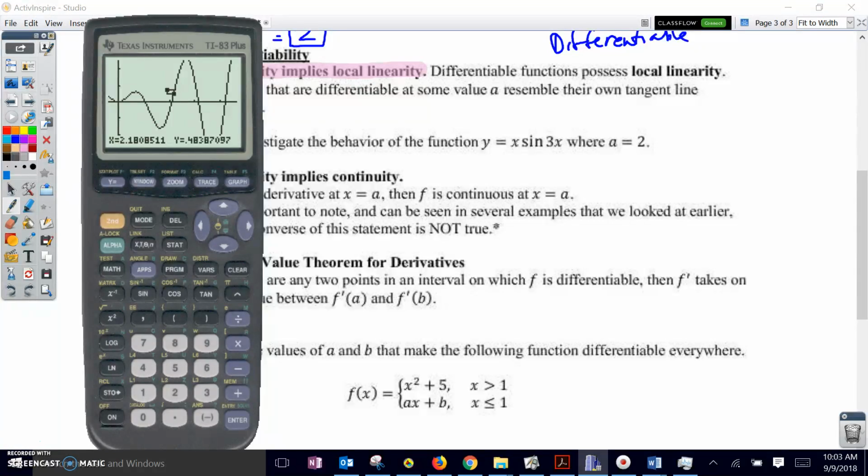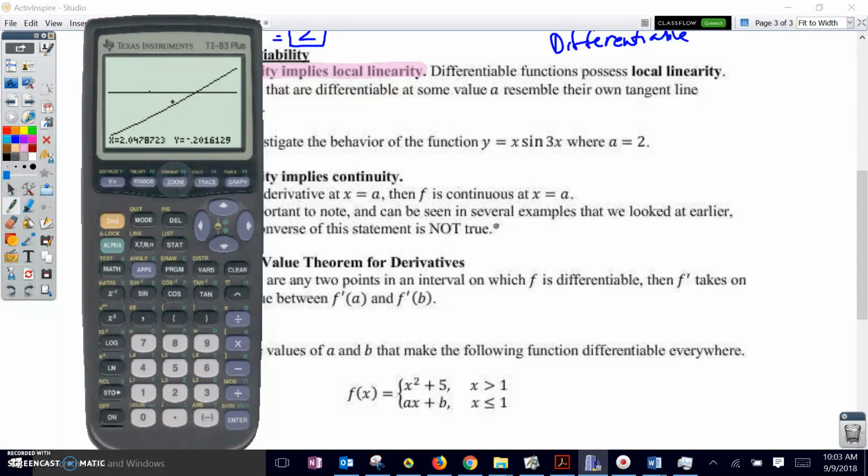Now I want to make sure I capture the curve around 2. I'm going to zoom in again. And you see that when we're close to 2, which is just a little bit to the left of our cursor, this is already beginning to look a lot like a line.